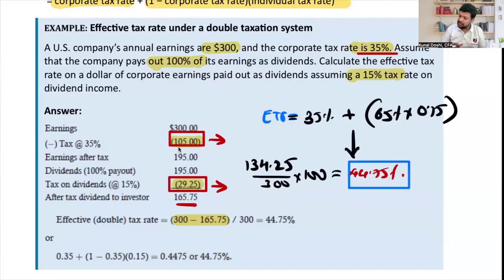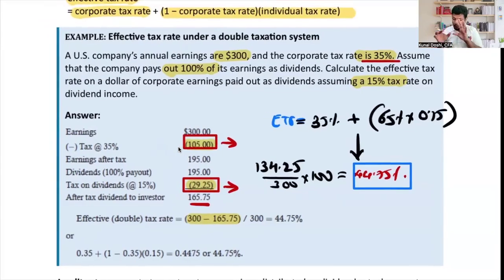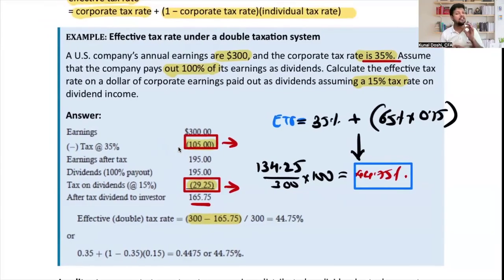You can say 65% on 15 or 15% on 65%, whichever way you calculate it, 0.15 into 65% plus 35, you will get exactly the same 44.75. That's called your effective tax rate under the double taxation system, correct?